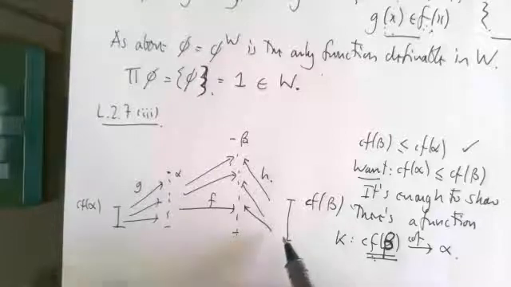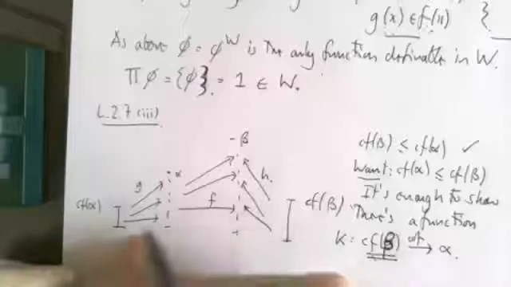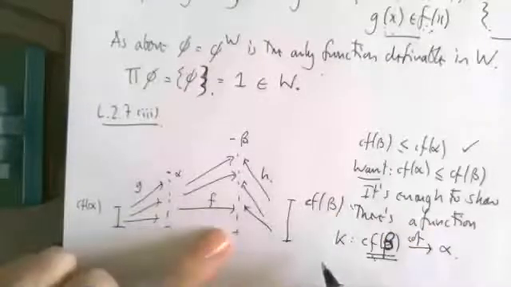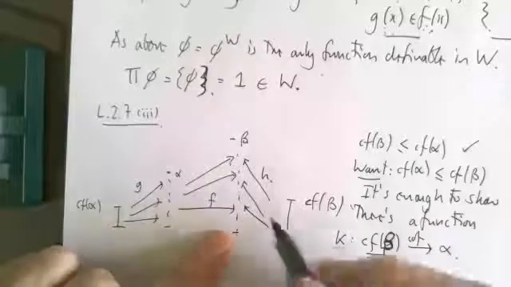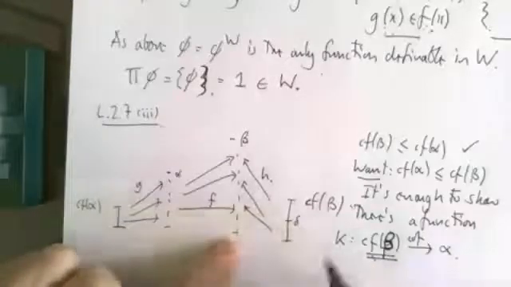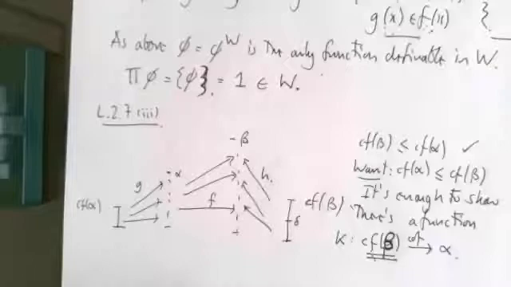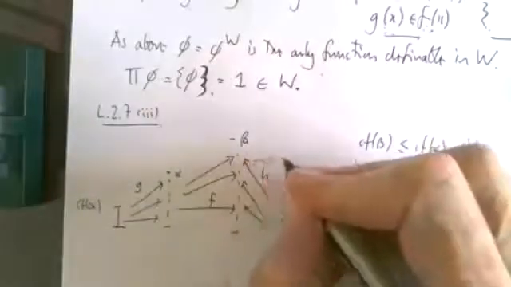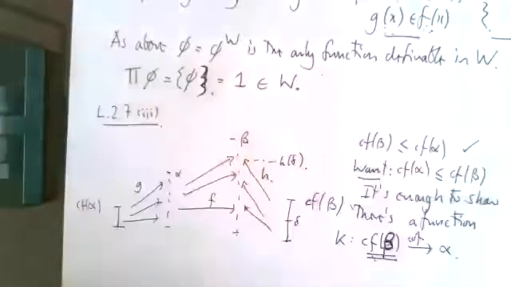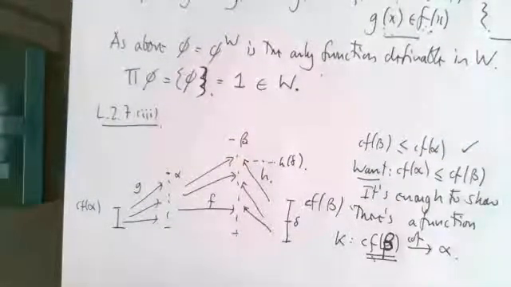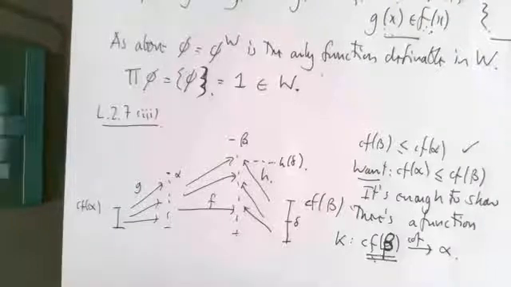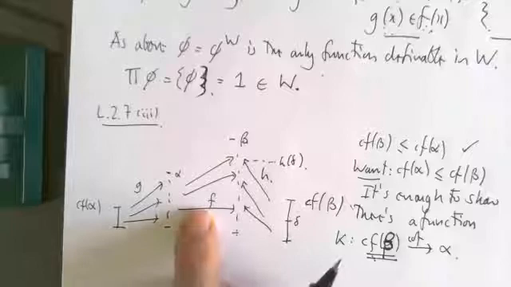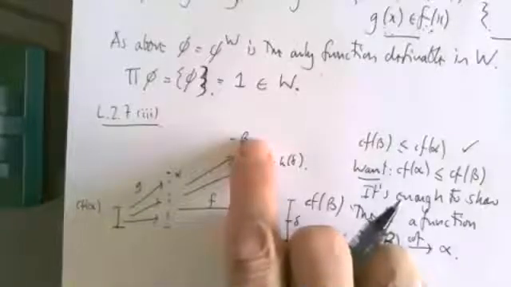You need to use the fact that all of these functions are strictly increasing, right? So let's see, where would we send some ordinal delta here? H will send delta up to some H of delta here. And I know that this F function is cofinal into beta.